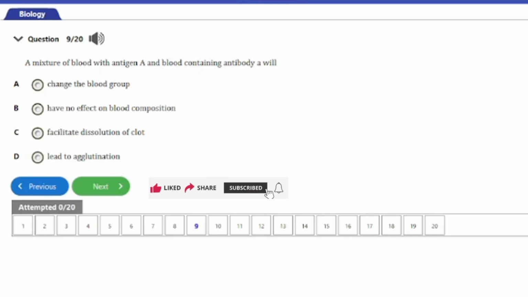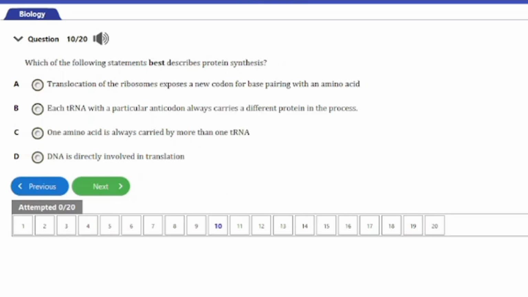So guys, the answer to this question here is option D. It will eventually lead to agglutination. So if you mix a blood with antigen A and another blood containing antibody A, it will result in agglutination. So that's it for that question. Let's go ahead and consider the next question.